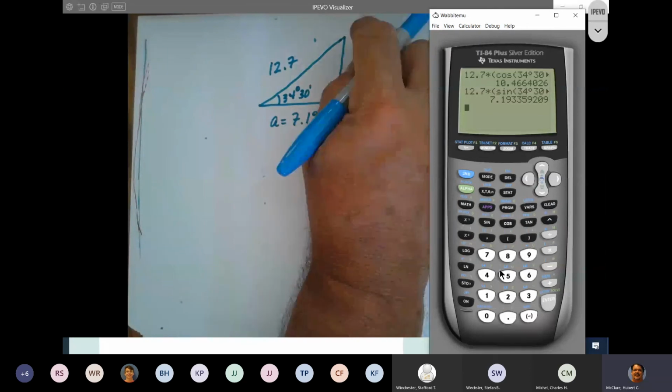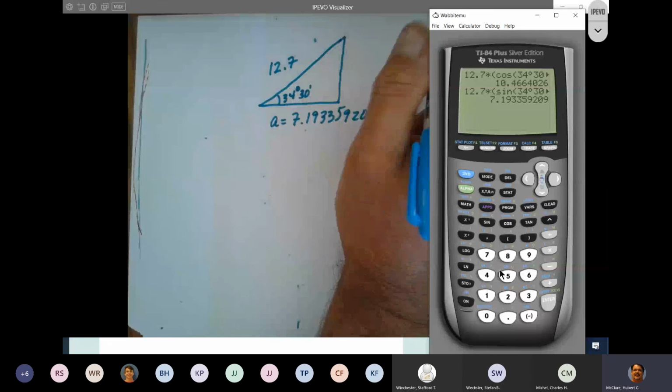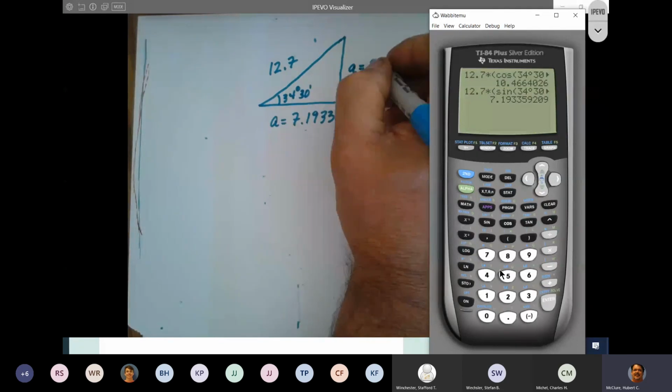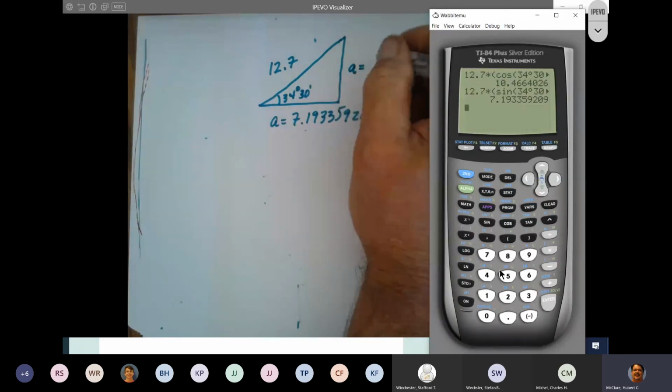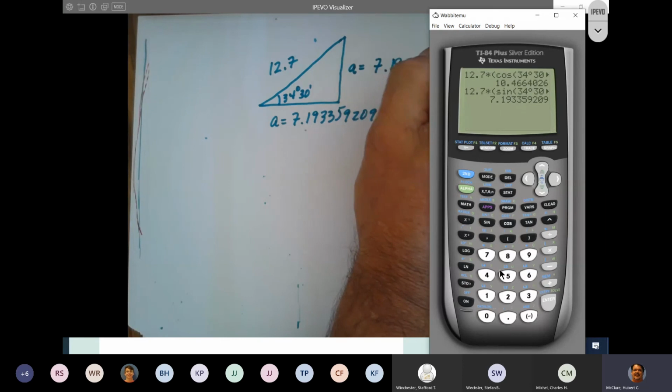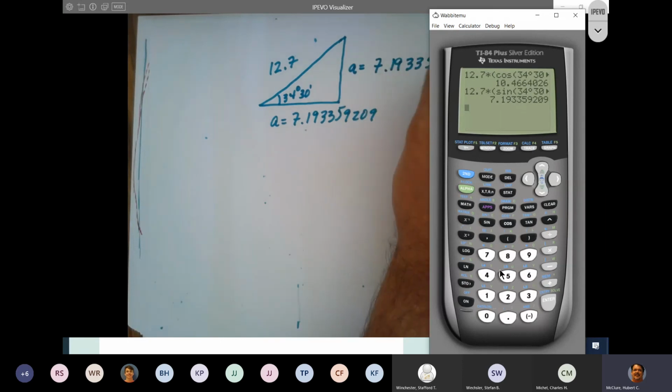Did we just find A? I'm getting my A's mixed up. Yes, sir, we just found A. A is over here. That's why they shouldn't use A and B. They should use X and Y. But anyway, A is equal to 7.193359209.